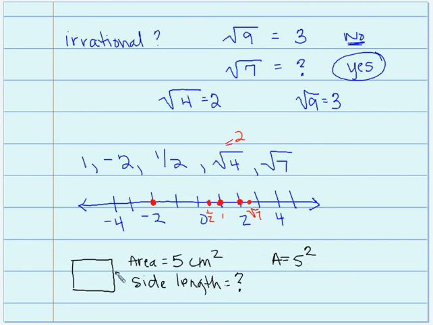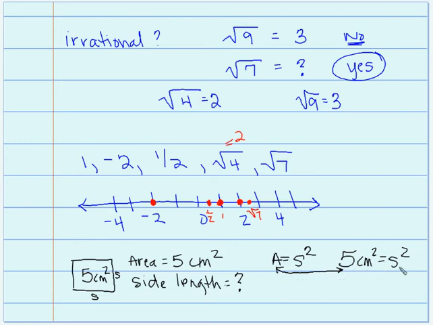So we don't know our side length, but we know that the area is 5 centimeters squared. So we substitute: 5 centimeters squared equals side squared. I know that A equals 5 centimeters squared, so I'm going to plug that in.